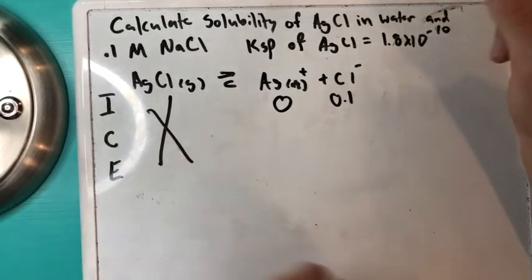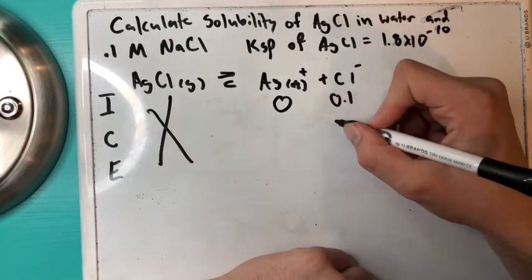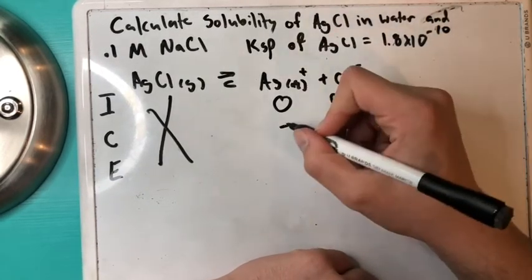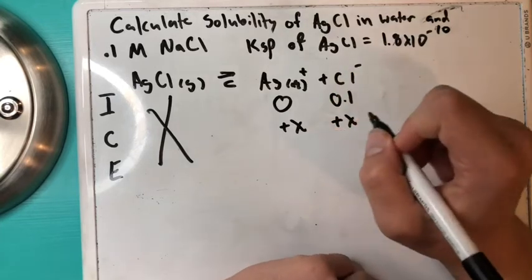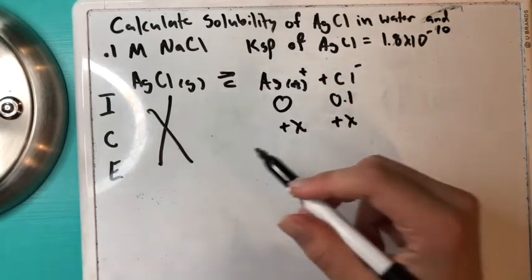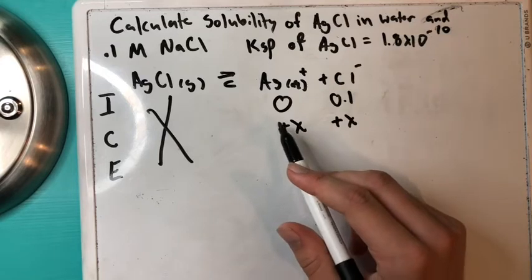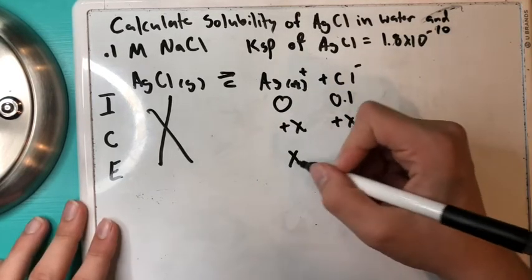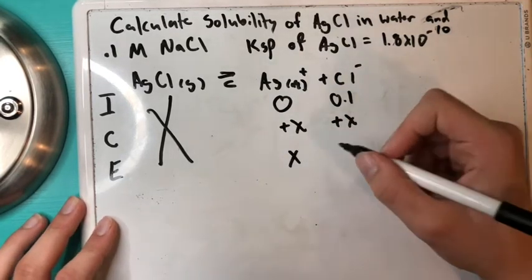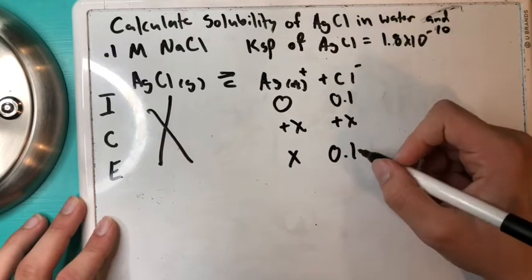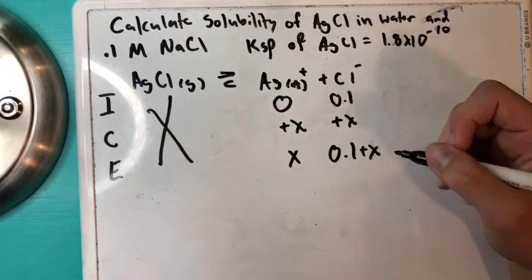And this is the same as the other one, so the change is plus X. So our equilibrium value for the Ag plus will be X. And for the chlorine this time, instead of just being X, it'll be 0.1 plus X.